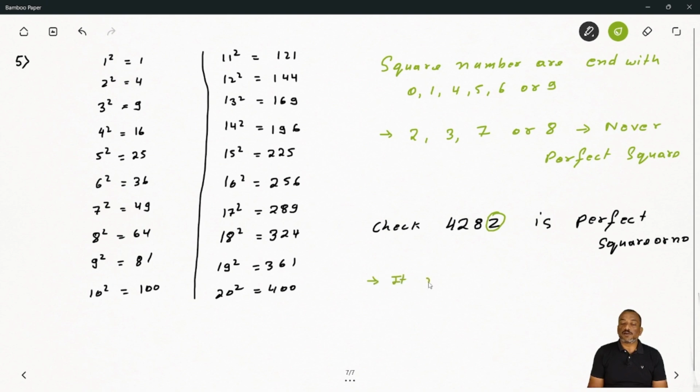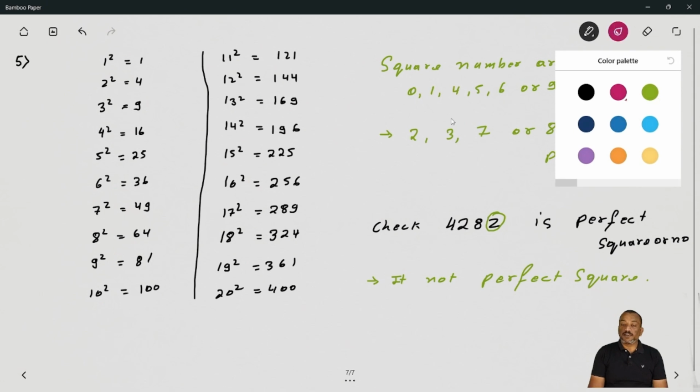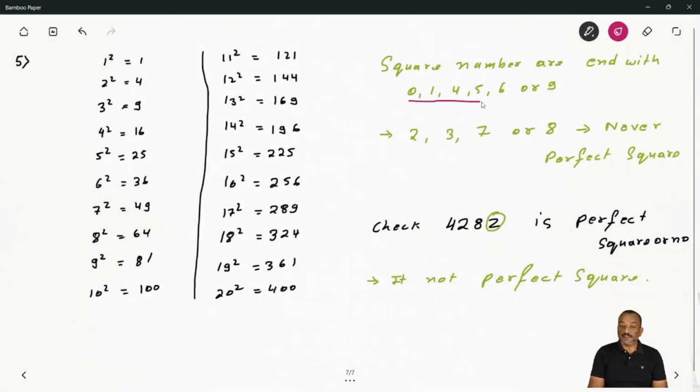So by remembering this, you have to understand that the square of any number in this world always ends with only these digits, that is 0, 1, 4, 5, 6 or 9.